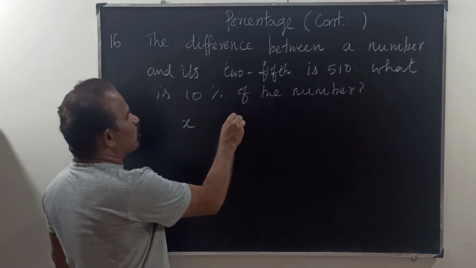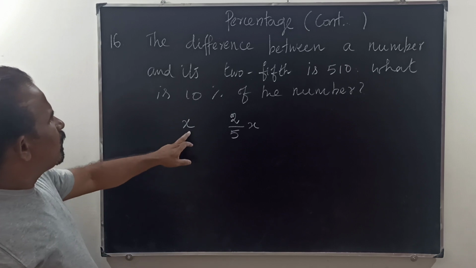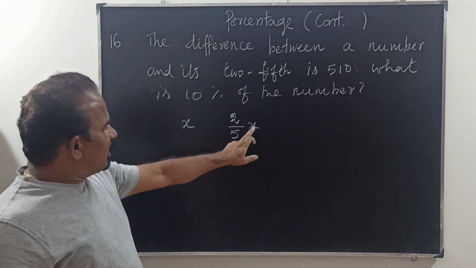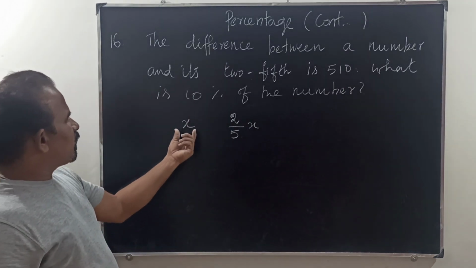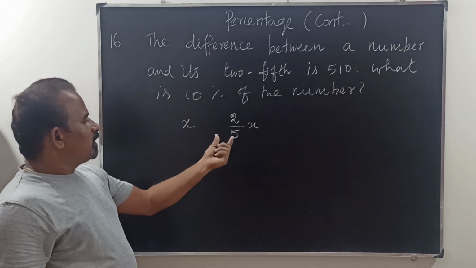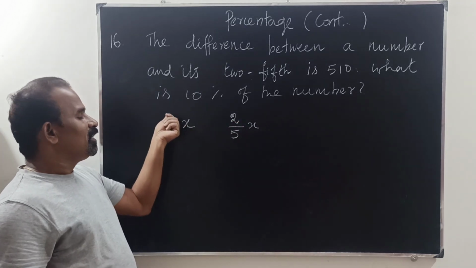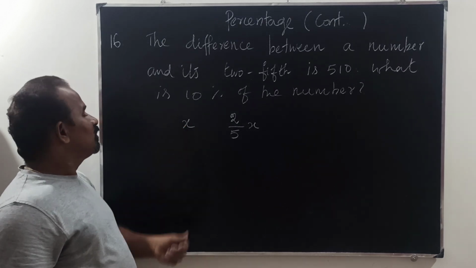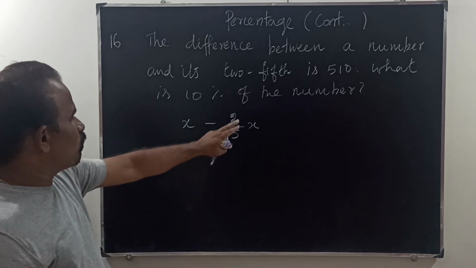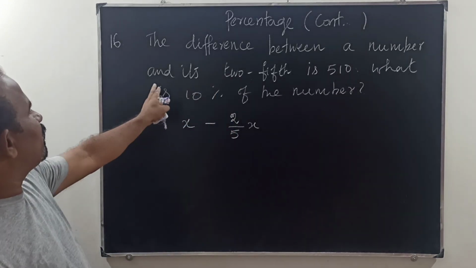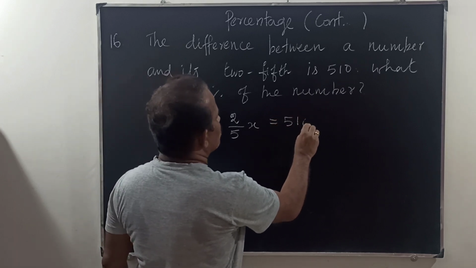Its 2/5 means 2 divided by 5 of x. Definitely x is big. So this is 2/5 of the x, but x is 100%. So this is big, this is small. Therefore the difference between this and that is equal to 5/10.